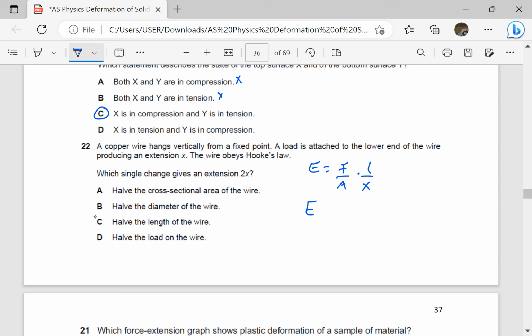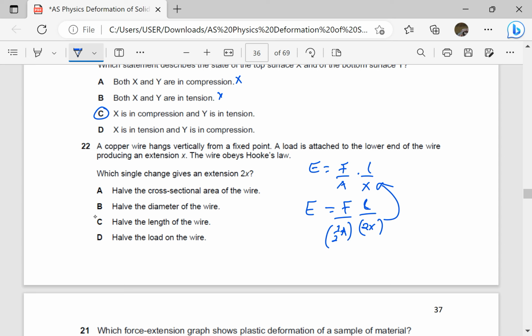So if the extension has been doubled, to maintain the same Young modulus, the area must be halved. So this should be a half A, so that when I multiply a half times 2, I go back to the original expression there. So which single change gives an extension of 2x?